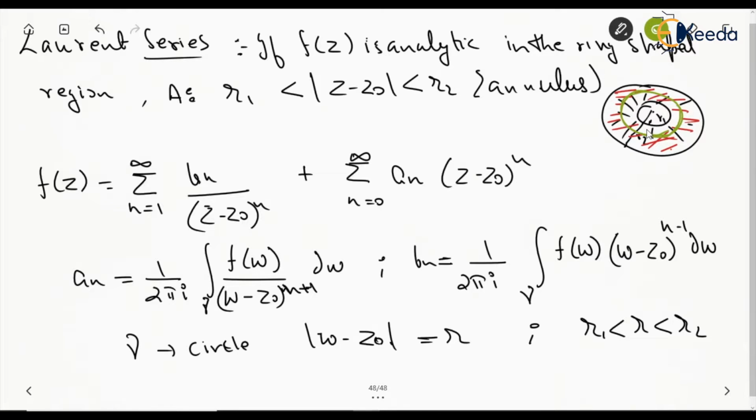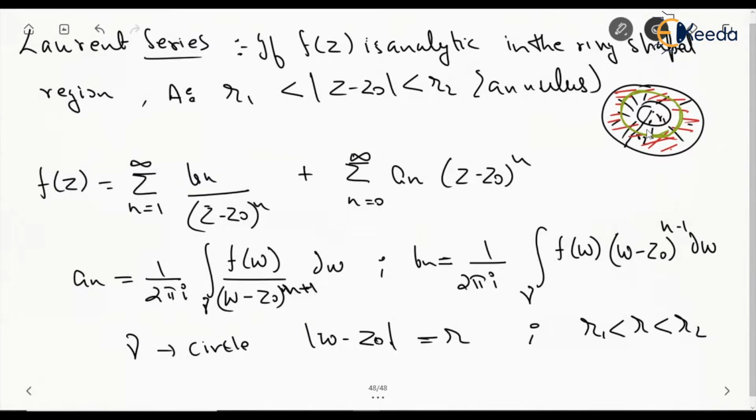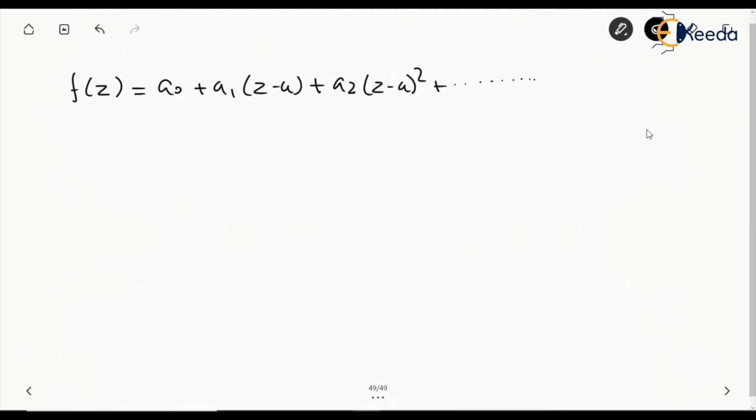So this is how the series expansion is given, and if you want you can also write it like this. f of z equal to a naught plus a1 (z minus a) plus a2 (z minus a) square, and so on, plus a minus 1 (z minus a) to the power of minus 1 plus a minus 2 (z minus a) to the power of minus 2.